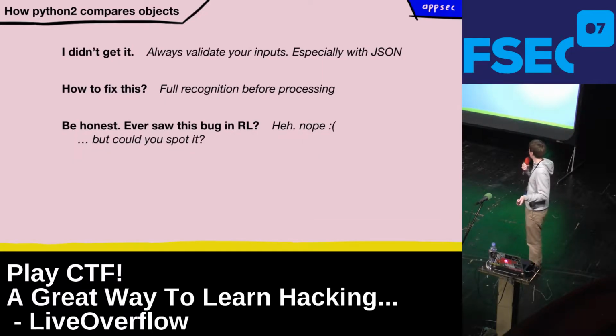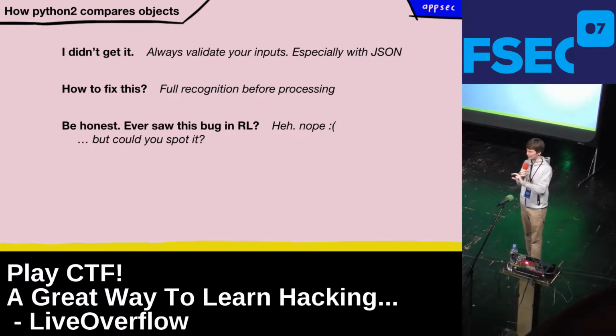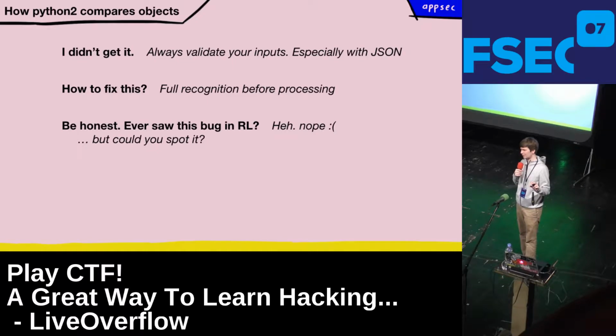But anyway, if you didn't get it, it's just a general example of validate your inputs. If you expect a number, make sure that it is a number. And I especially highlight this because of the JSON format. Because in the basic web post request that we are used to with URL encoding, we kind of expect everything to be a string, and we kind of do this automatically. But with JSON, you suddenly have different types.